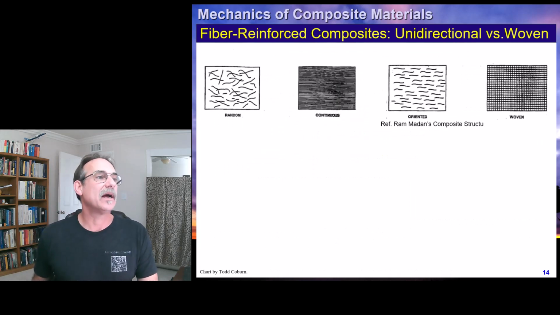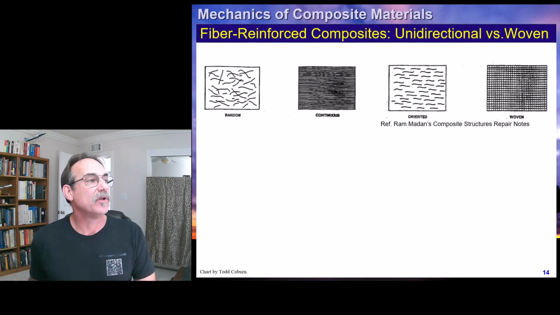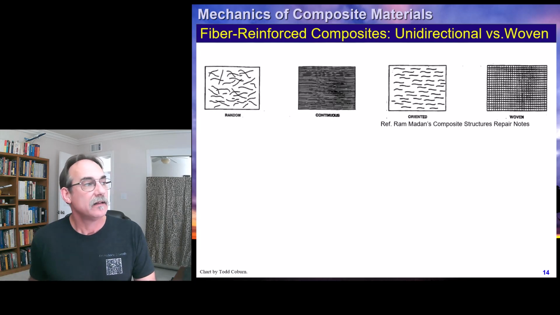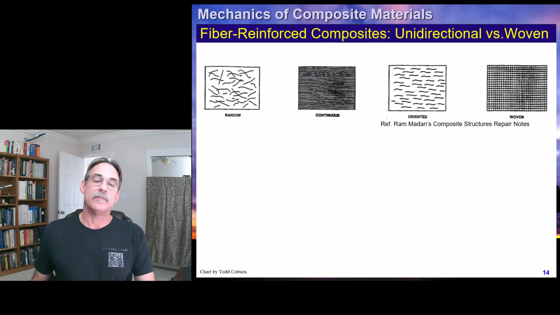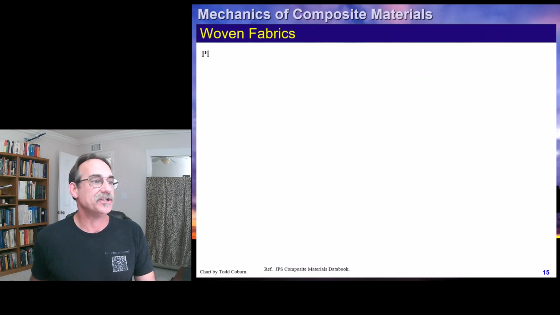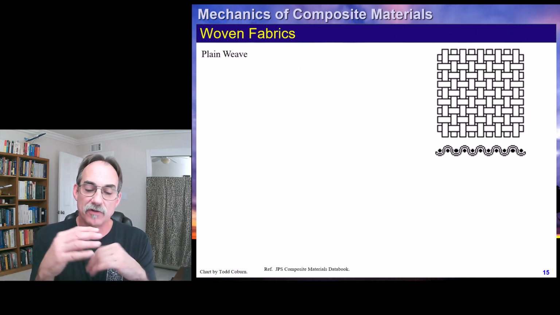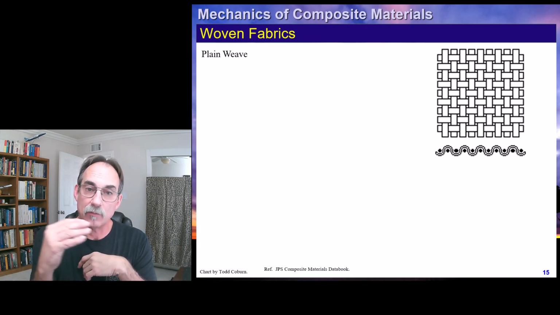We've seen this chart a couple times where we've looked at the different kinds of layers. We may have a unidirectional, which we're calling continuous here, a woven, or an oriented or random, or other combinations of materials. A unidirectional fiber means all the fibers are in one direction.